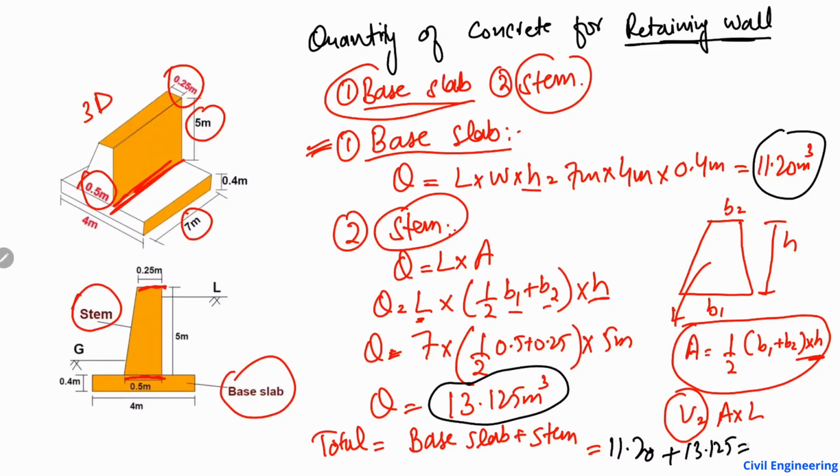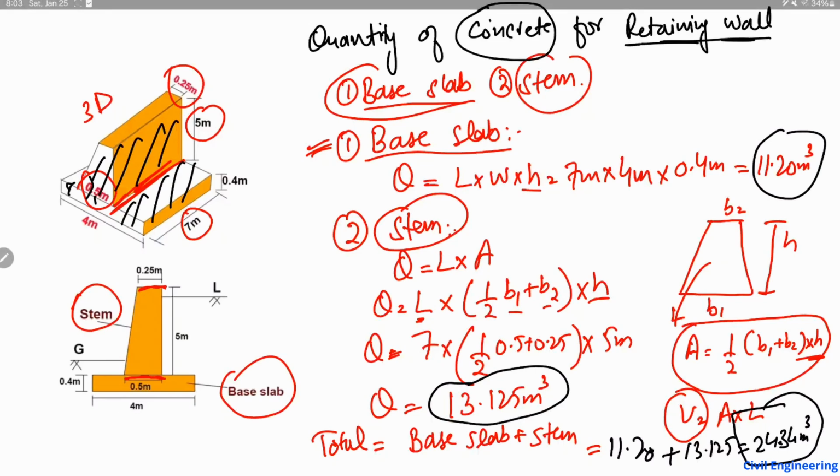By adding this we get 24.34 cubic meter. So 24.34 is the total quantity of concrete used in this retaining wall.